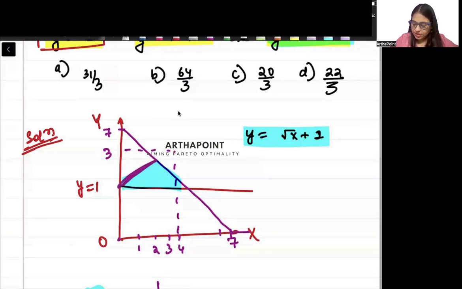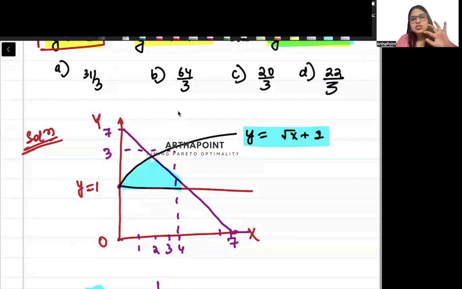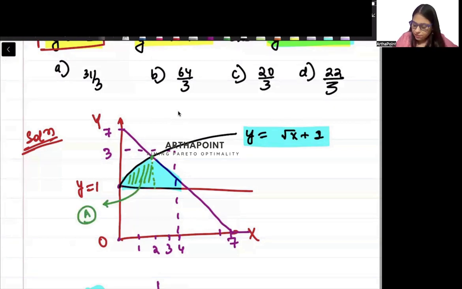Let's make it a little curvy. It is like this, right? So what I can do is split this in two parts. Just look very carefully. I can find the area of part A, and I can find the area of part B.